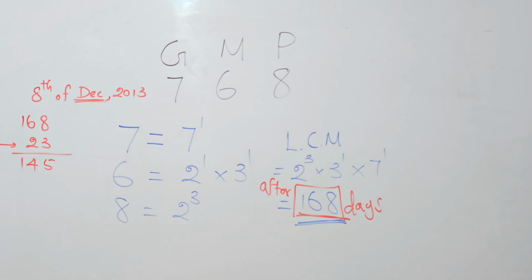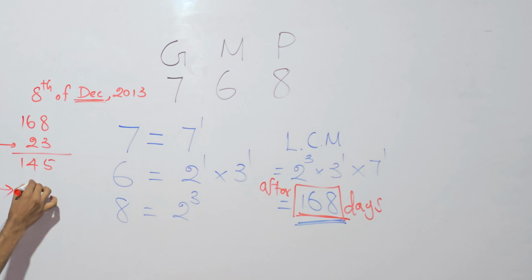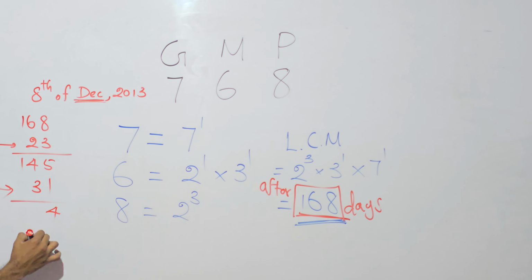Now I'm in January 2014. How many days are in January? 31. So I subtract 31, and this will be 114.